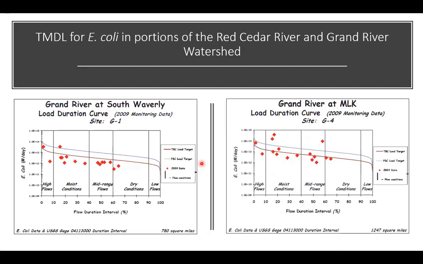Anybody want to comment? Let's put it this way. I wouldn't want to be in that body of water in the Red Cedar, because that's when we see the highest levels of E. coli.